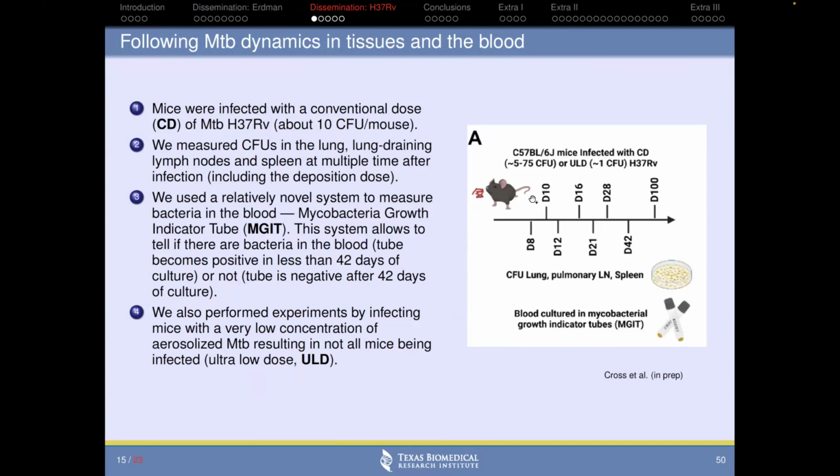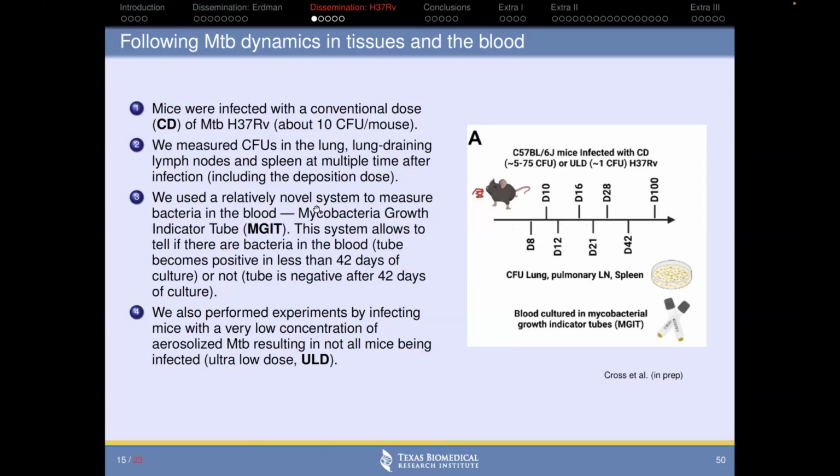Then she measured how many bacteria there are in different tissues: the lung, draining lymph nodes and spleen. She didn't measure in the liver, but she did much more earlier measurements and longer measurements. So we have many more data.